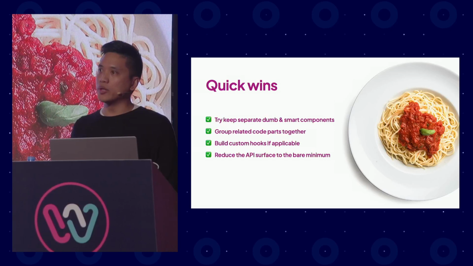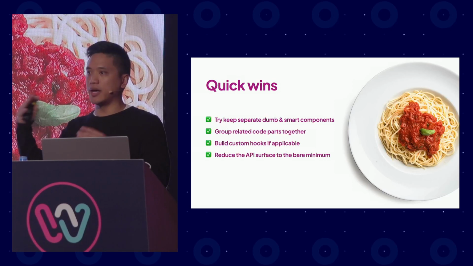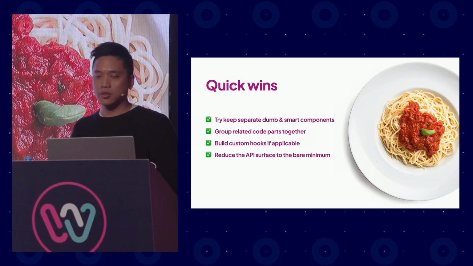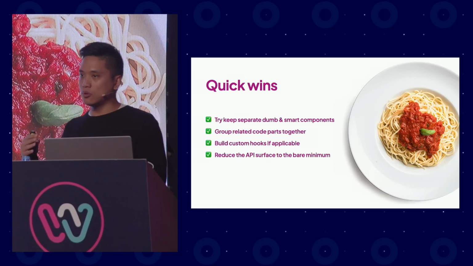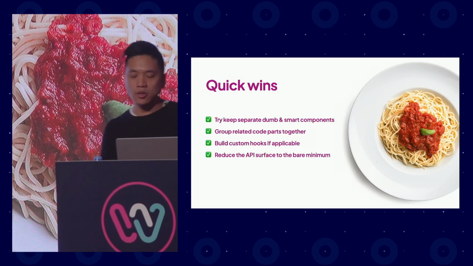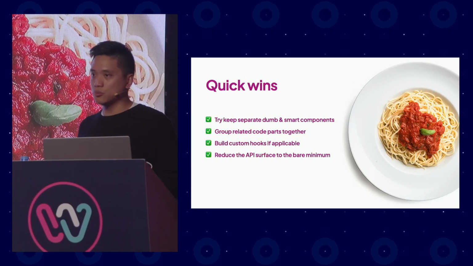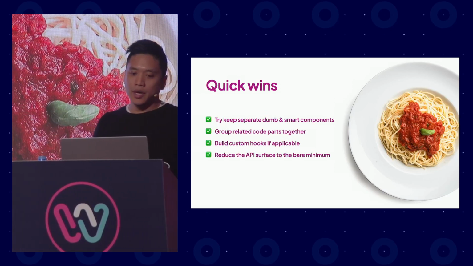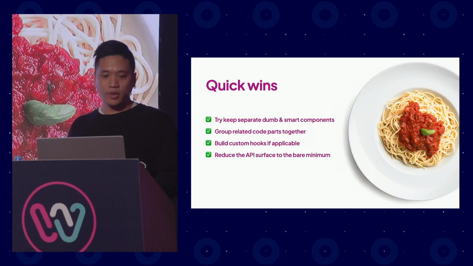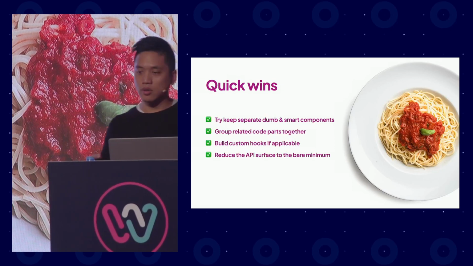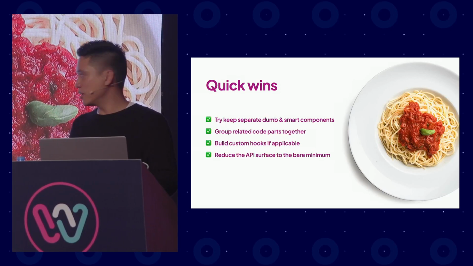This means when you have a bunch of logic inside, for example, your React render function, it's good if you keep parts together that belong together. A good way to do that is by building custom hooks, if applicable. And lastly, try to keep the API sensible and reduce the API surface to the bare minimum possible.